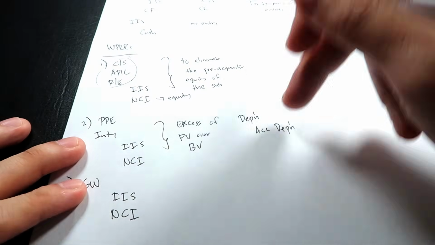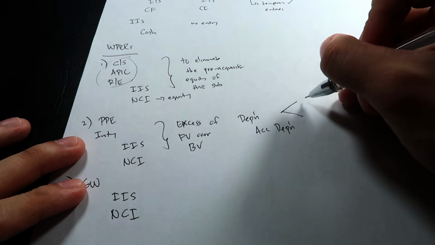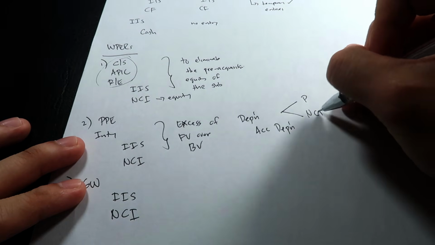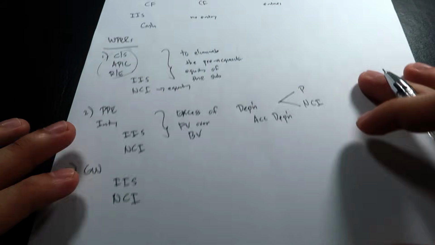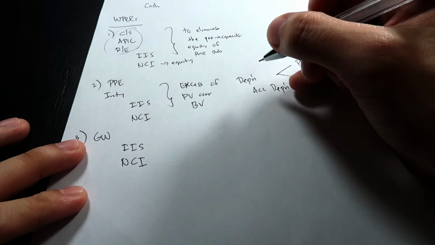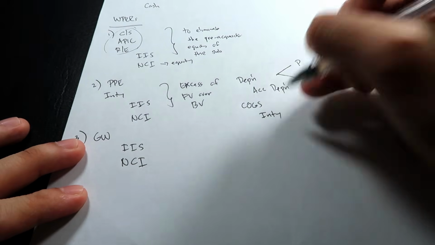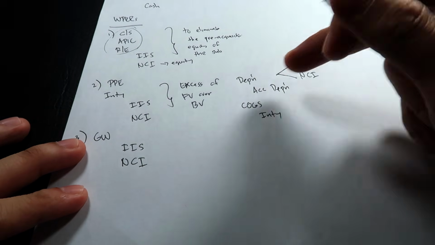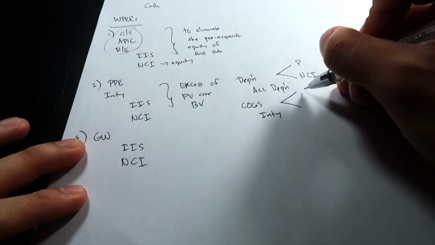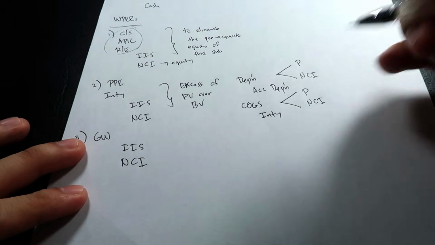Then, because yung PPE na yan shared by the parent and the NCI, this depreciation should be allocated as well to the parent and the NCI. Gets? And for the inventory naman, you have to debit cost of goods sold, credit inventory, and the P&L effect, which is cost of goods sold, kailangan mo din siyang i-allocate to the parent and the NCI. Gets?